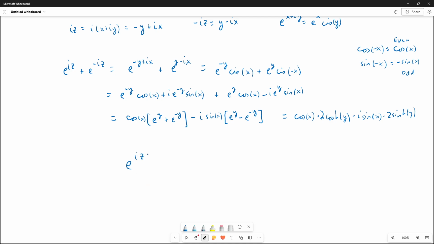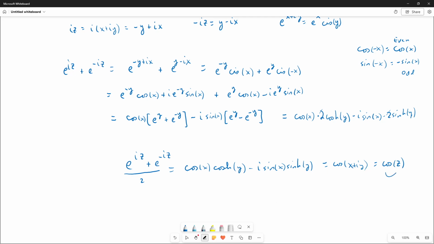e to the iz plus e to the minus iz, all divided by 2, equals, divide this by 2, and that will cancel out that 2 and that 2, and we'll be left with cosine of x times hyperbolic cosine of y minus i times the sine of x times the hyperbolic sine of y, and this is the cosine of x plus iy, which is the cosine of z, and that is the equation that we wished to demonstrate.